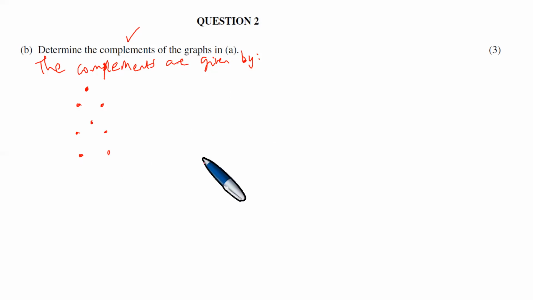In the second graph, maybe I can make something bigger here because this is too small. It's going to make the whole thing very unclear, because we are yet to draw the complement.